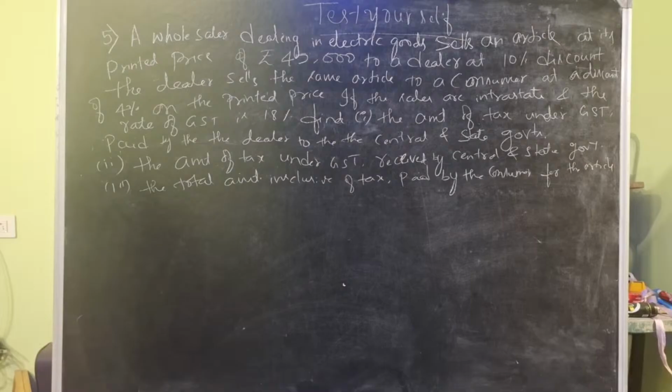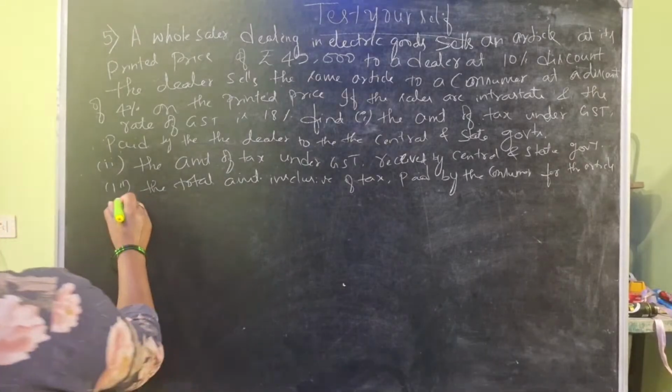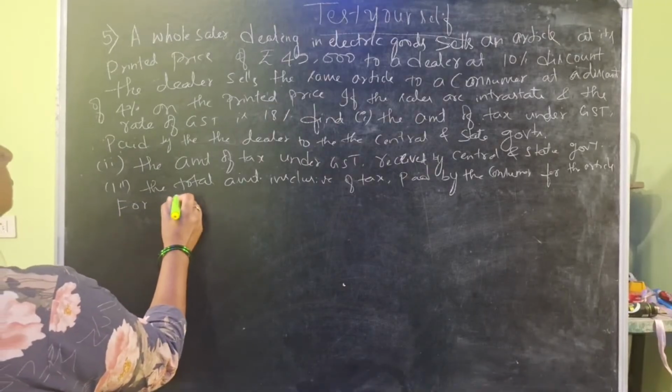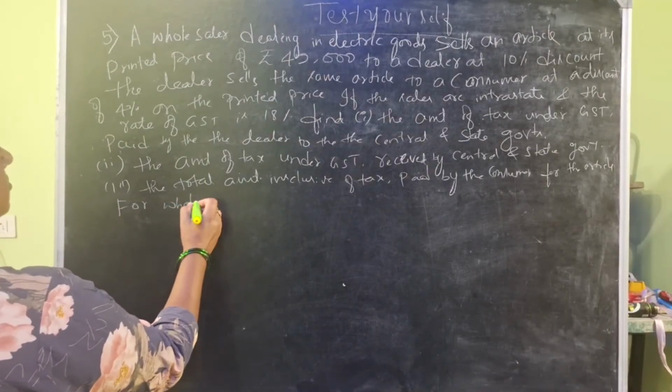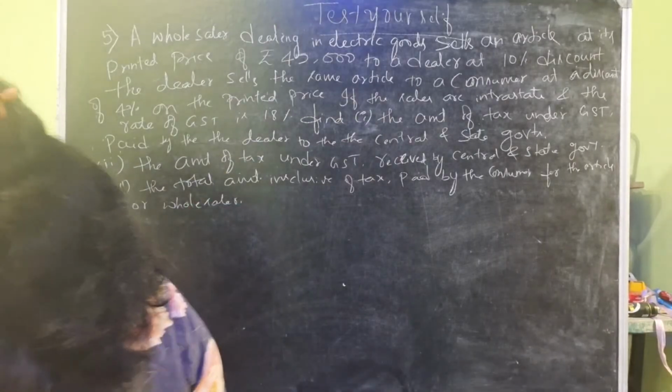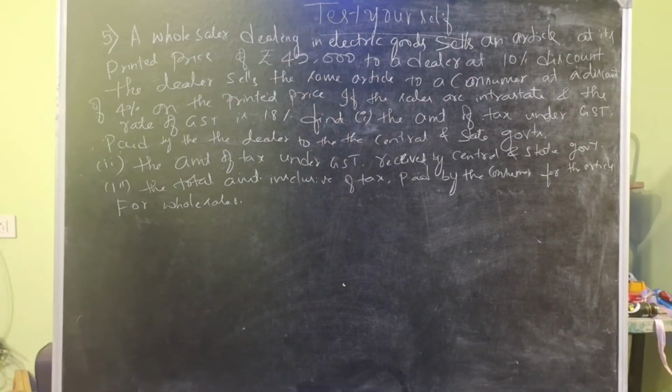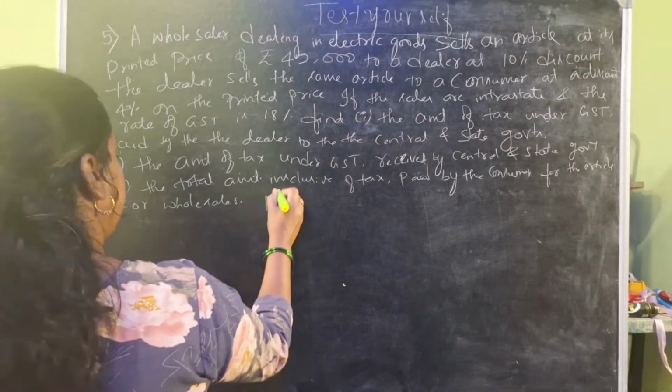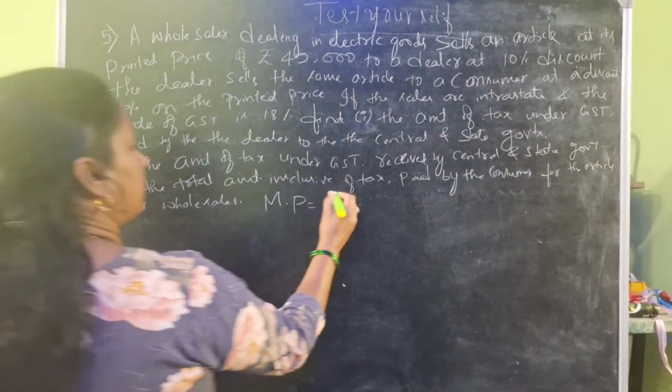So in the first part, for the wholesaler, the market price given is 45,000.